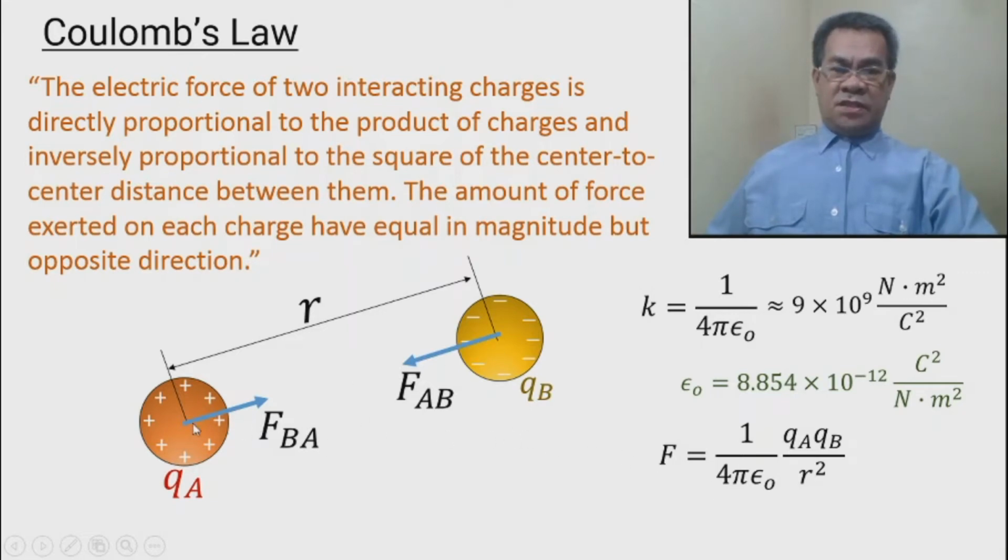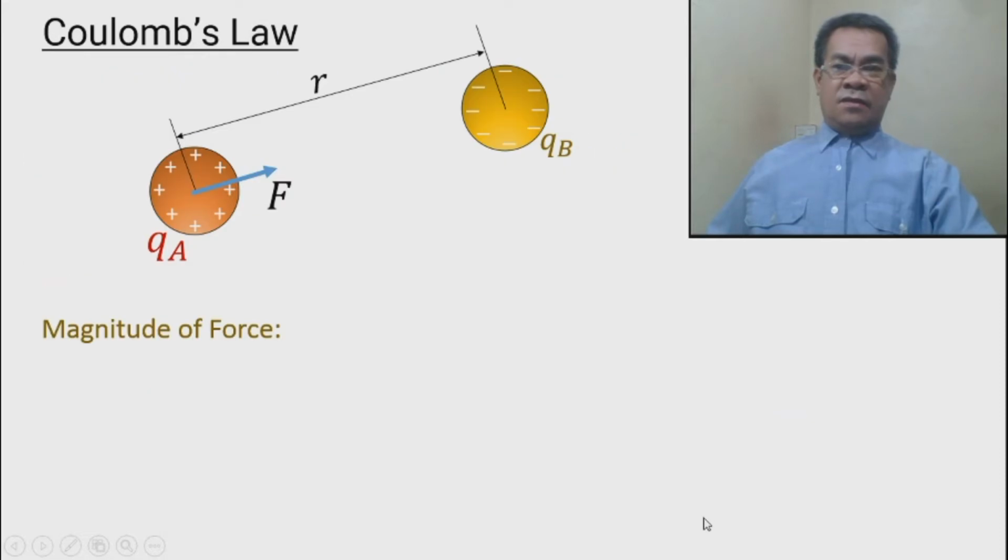Take note, positive and negative attract, so the force must be towards each other. So calculating the magnitude of F, this is the force that charge B exerts on A. Let this be equal to F, and the center-to-center distance is R.